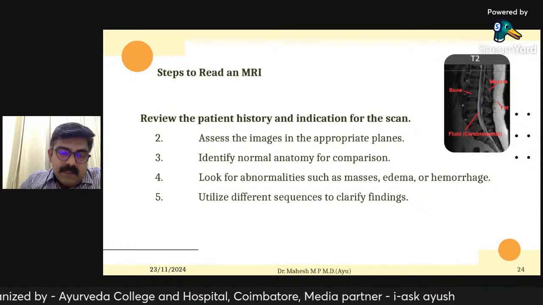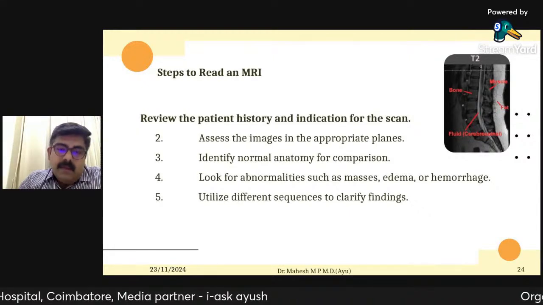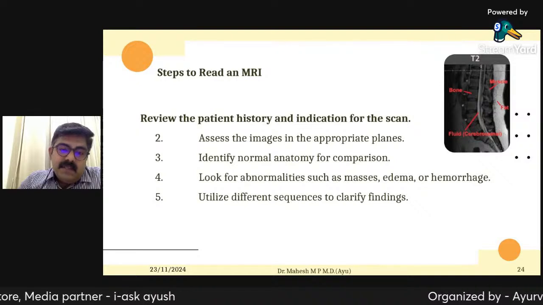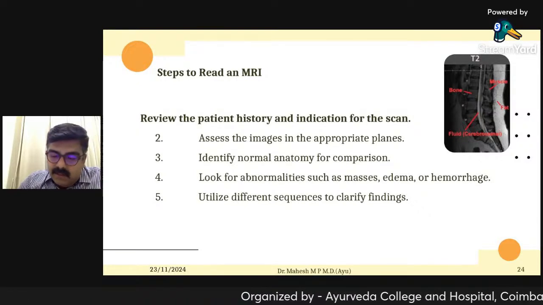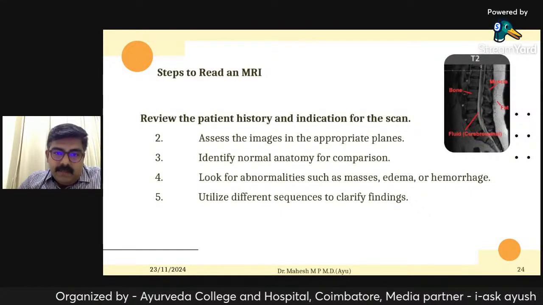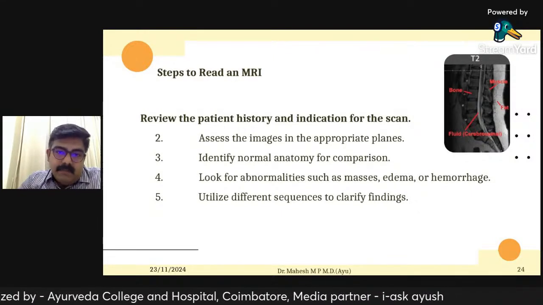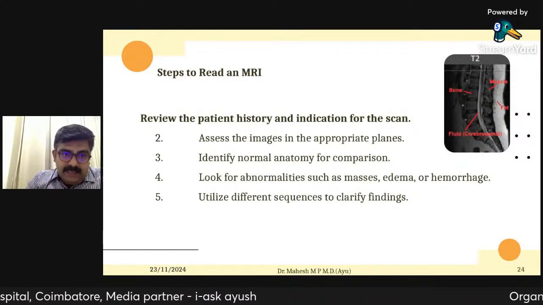Sometimes positioning issues may cause changes, and each radiologist will give an interpretation in a slightly different way. The core will be right, but human error may happen. That's what I would like to highlight.